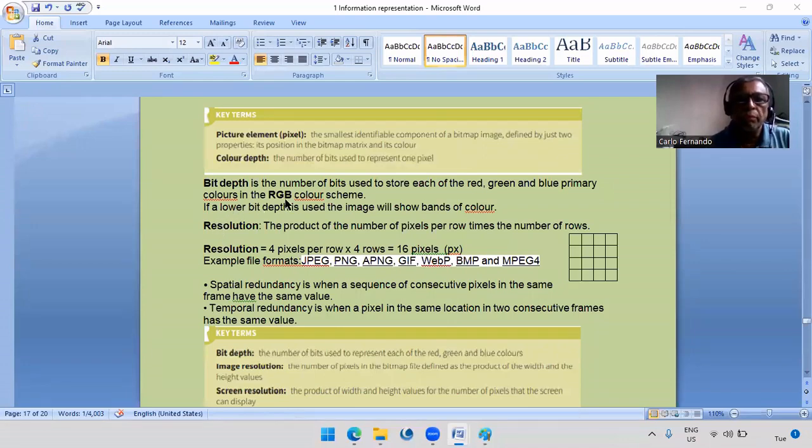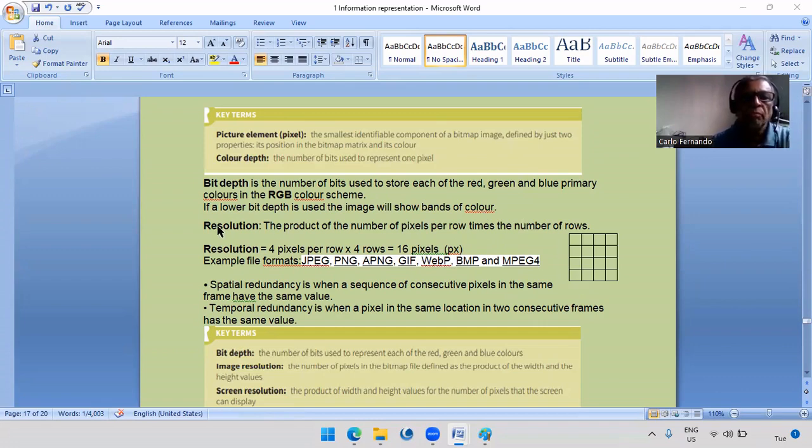Bit depth is the number of bits used to store each of the red, green, and blue primary colors in the RGB color scheme. If a lower bit depth is used, the image will show bands of color. It won't give a true picture, true color or natural picture. There'll be like bands showing.